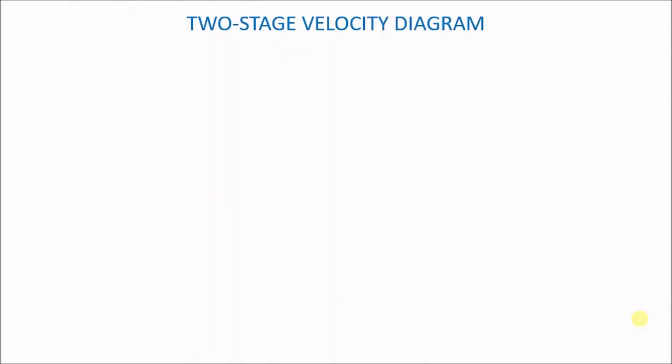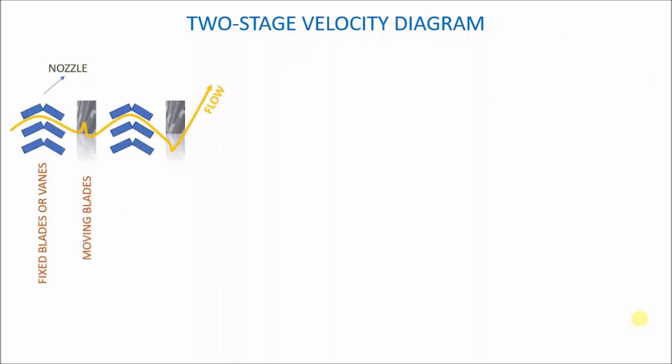Now, let us look at a two-stage velocity diagram. First, let me remind you of the picture that we just looked at. And remember what I said, when we draw the velocity diagram, we are really focusing at what is happening inside of this box. And so the first row of moving blades, that's where we will draw our first stage.